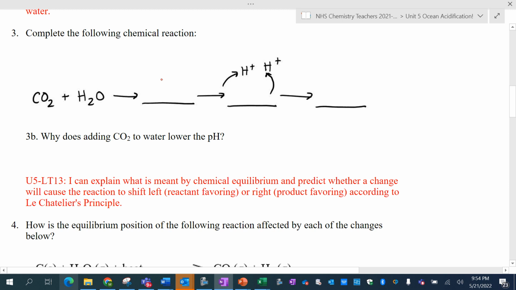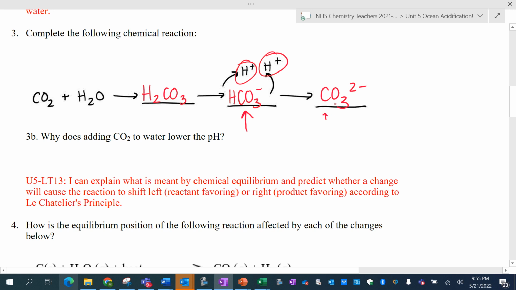When carbon dioxide reacts with water, it makes carbonic acid, which dissociates into HCO3- bicarbonate, and it releases a hydrogen ion. And then this bicarbonate, although this isn't favored, it can release that other hydrogen as well and turn into carbonate. As the ocean becomes more acidic, this bicarbonate is favored over the carbonate.